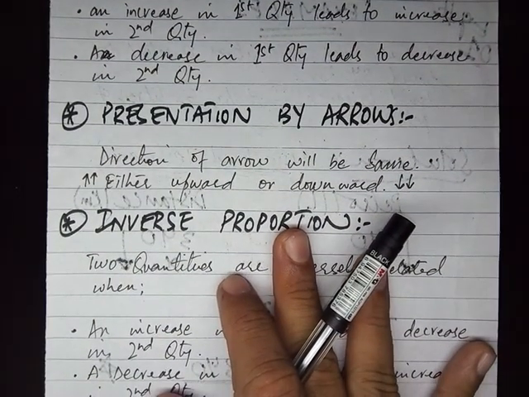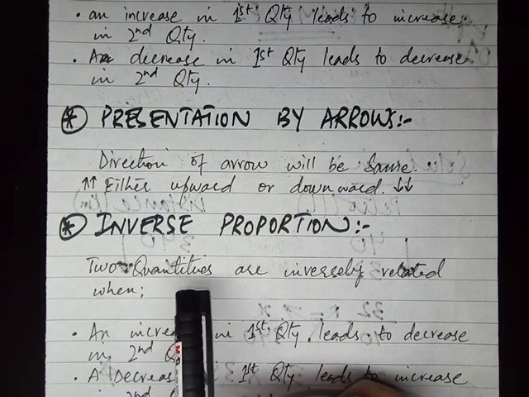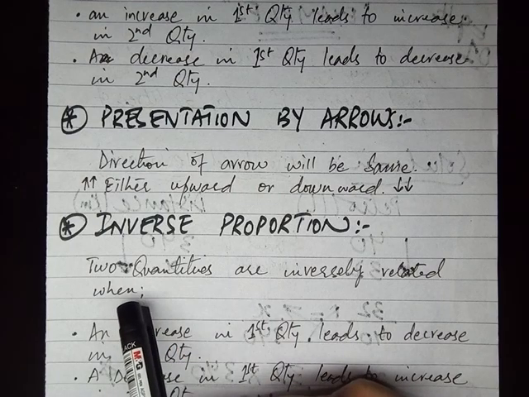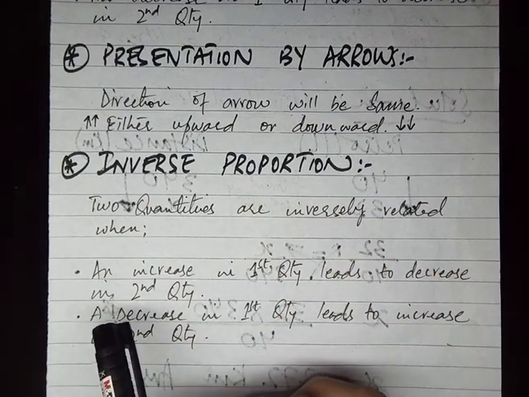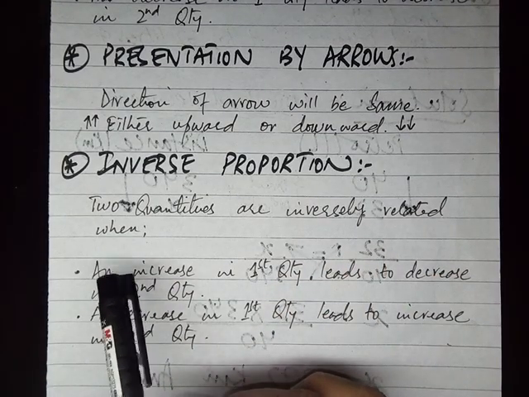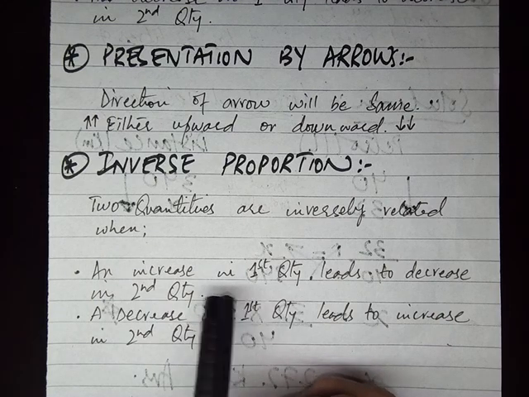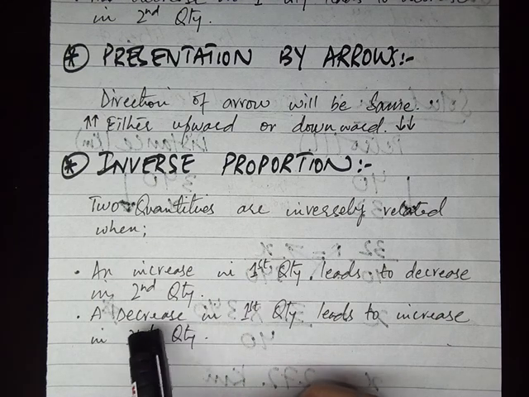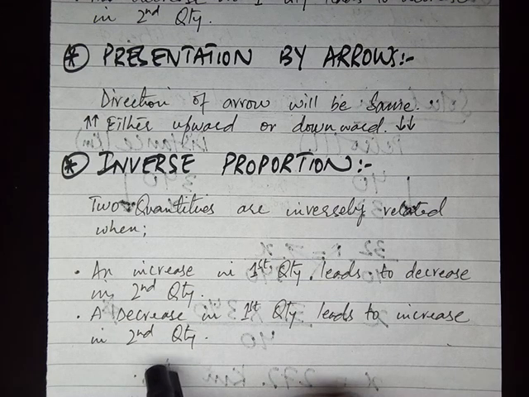And inverse proportion, this is the definition: when two quantities are inversely related, these two conditions must be applicable. The first condition is an increase in the first quantity leads to a decrease in the second quantity, or a decrease in the first quantity leads to an increase in the second quantity, right?